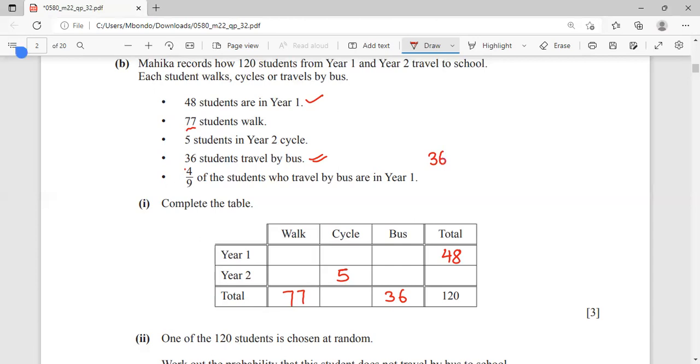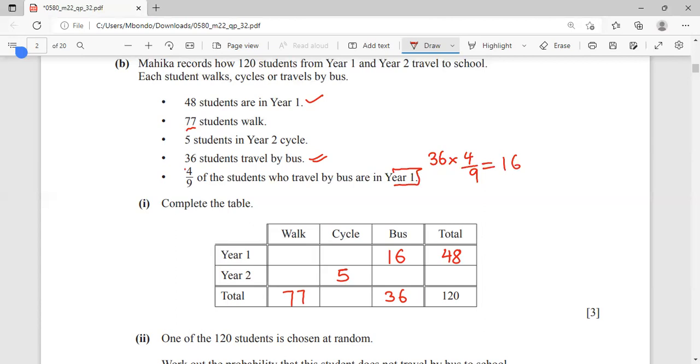So we need to find 4/9 of 36. You're going to get 16. Because we are told that they are in year 1, we put 16 at this point.